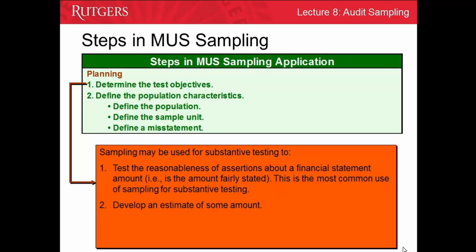The second is less frequent, but is occasionally used to develop an estimate of an amount as part of a consulting engagement, or in some cases to provide evidence on the client estimate. The objective of MUS for substantive tests of details is to test the assertion that no material misstatements exist in an account balance, a class of transactions, or a disclosure component of the financial statements.